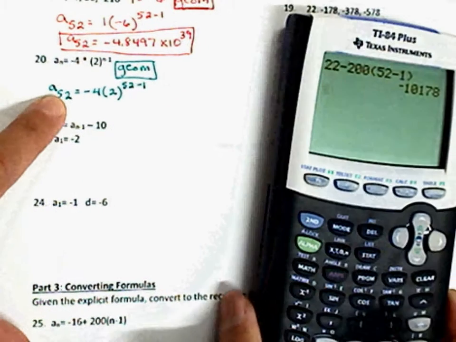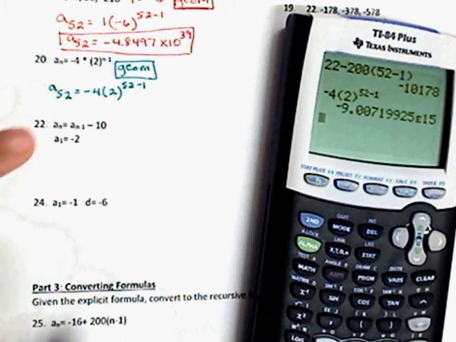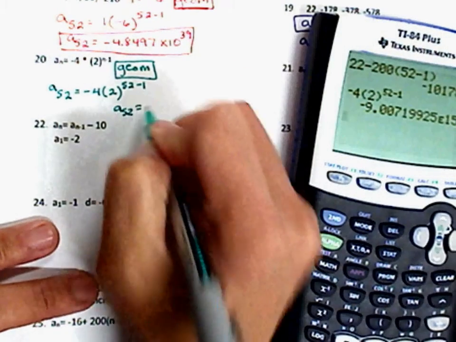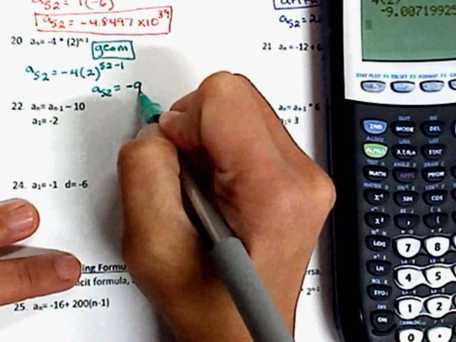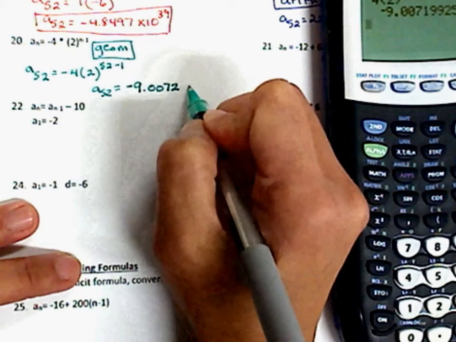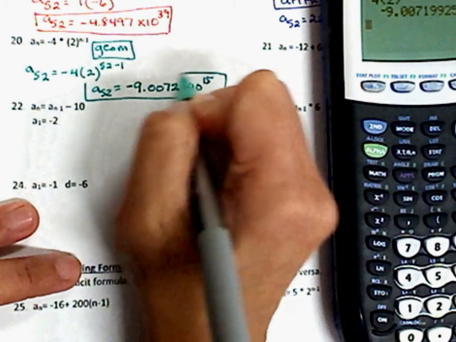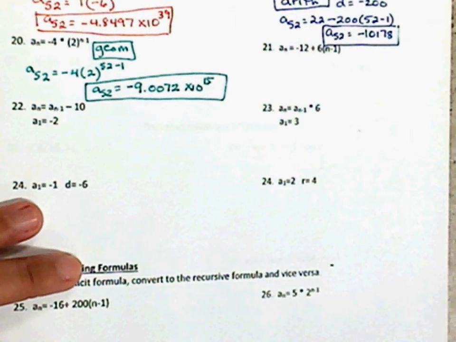Type in your calculator, -4 times 2, raised to the 52 minus 1. Or you can just write 51. All right. So a sub 52 equals, four decimal places, please, -9.0072 times 10 to the 15. Please don't write E, okay? You guys are too smart for that.